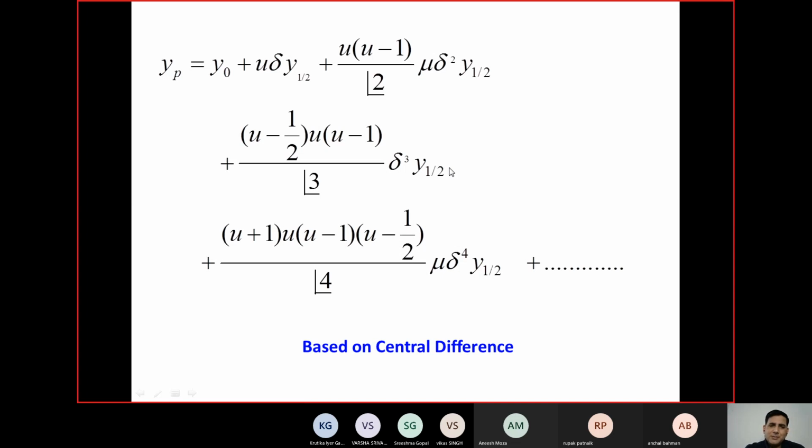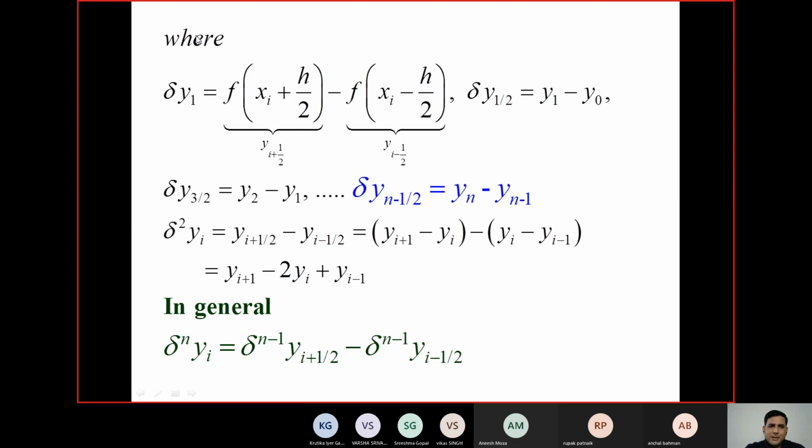So this is based on Bessel's formula, based on your central differences. This is the first central difference. Let's see the table for that and how to use it. This is how you calculate the central difference, delta y1. You are going half to the right side and half to the back side.